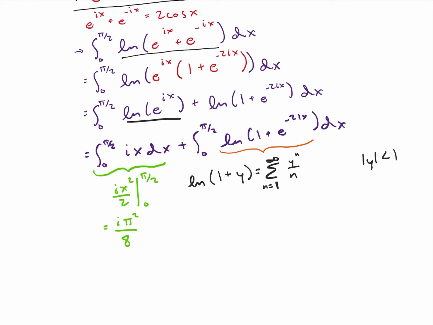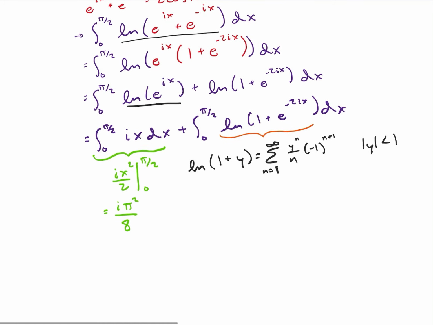So our Taylor series expansion is y to the n over n, times negative 1 to the n plus 1. So what does that mean?